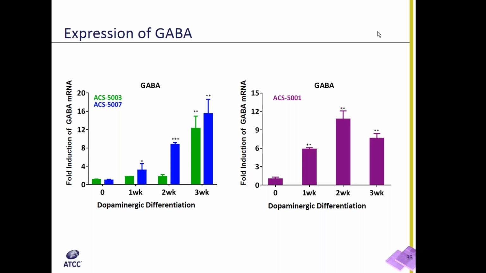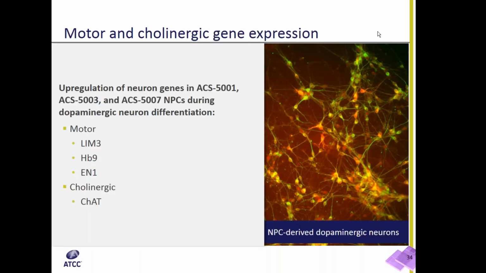We saw that mRNA increased significantly in the normal and Parkinson's NPCs in a time-dependent manner during neuronal differentiation, indicating that we had GABAergic neurons in our cultures as well. So then we decided to look for the major neuron types such as motor neurons and cholinergic neurons.